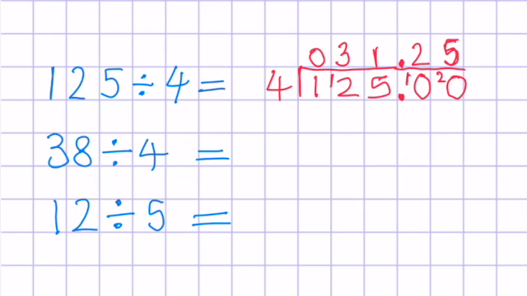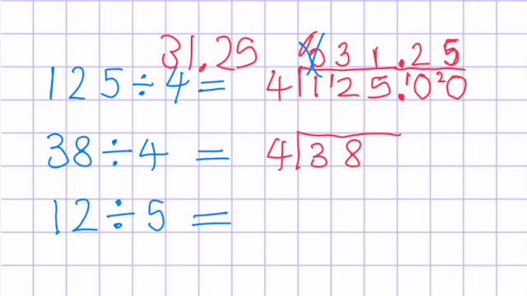If you look here, let me change colours. We actually don't need this 0 at the front when we write our answer down, because it's not telling us anything. So the answer would be 31.25. 38 divided by 4. 4 goes into 3 0 times.